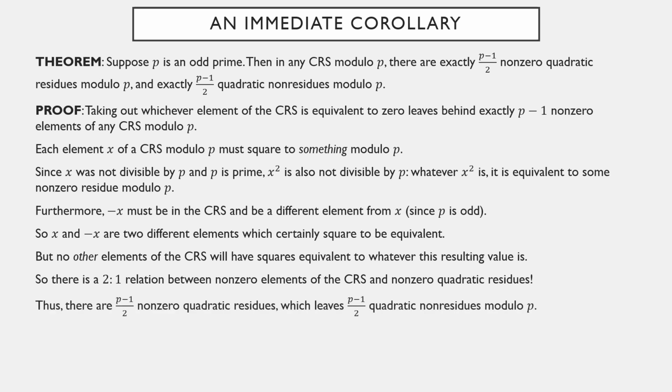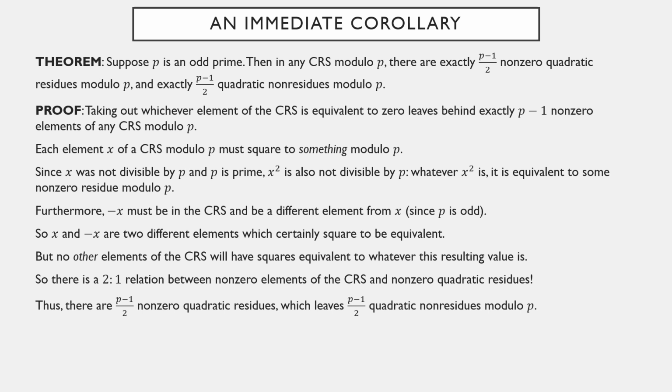So there must be (p-1)/2 non-zero quadratic residues. There were p-1 elements that I can square, and then I pair them up 2-to-1 to what their resulting squares are. So of the p-1 elements, since every 2 of them produces one unique square element, then there are (p-1)/2 non-zero quadratic residues.